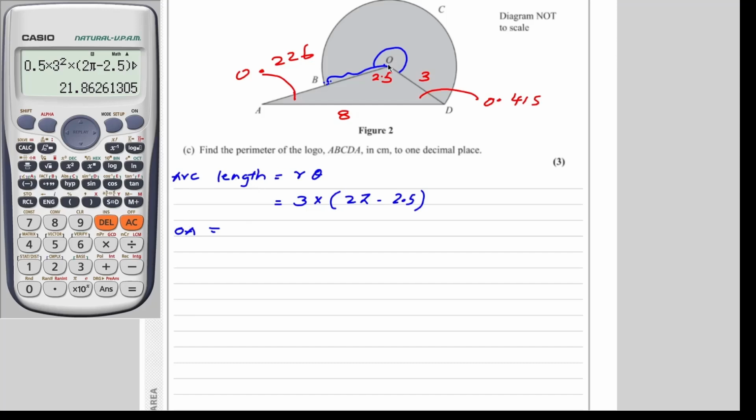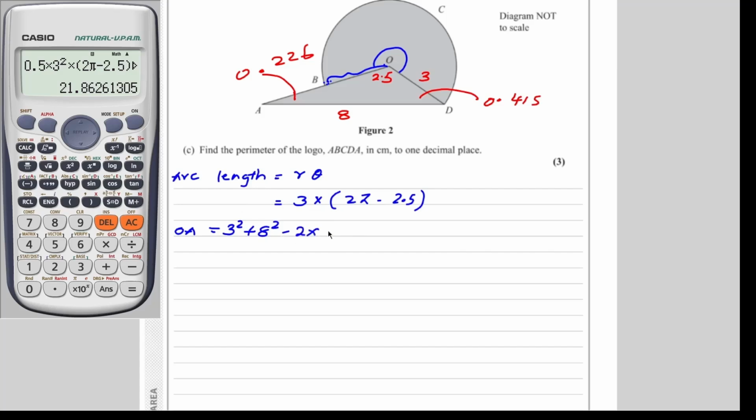OA squared equals 3 squared plus 8 squared minus 2 into 3 into 8 into cos of the in-between angle, which is 0.415. Here, this is the side, this is the side, and this is the in-between angle.